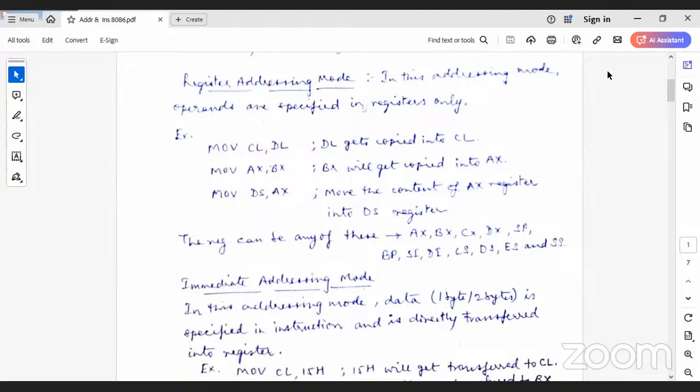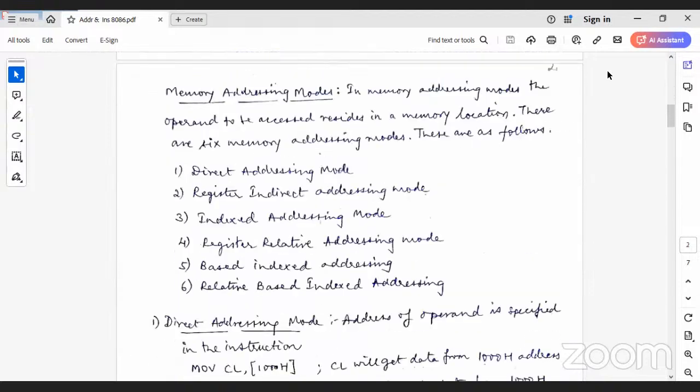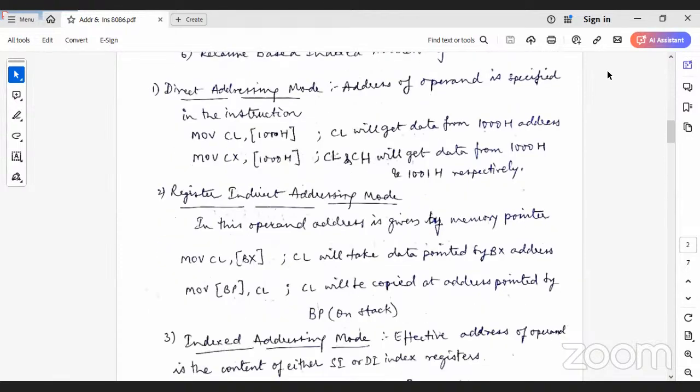In the exam, generally students get confused between addressing mode and the type of instruction. You have to practice this a little, so that you can distinguish between an addressing mode and the type of instruction. Since you have done the practical lab, I think you will have clarity on this also.